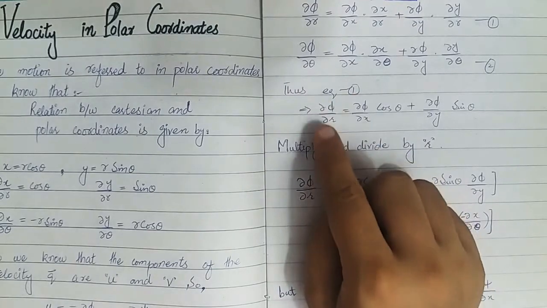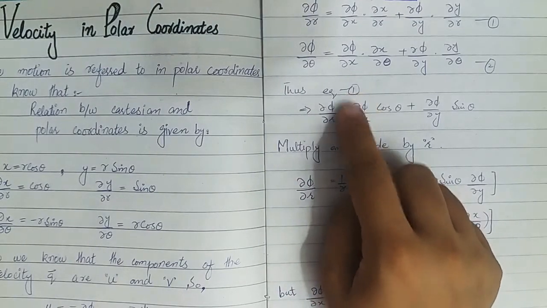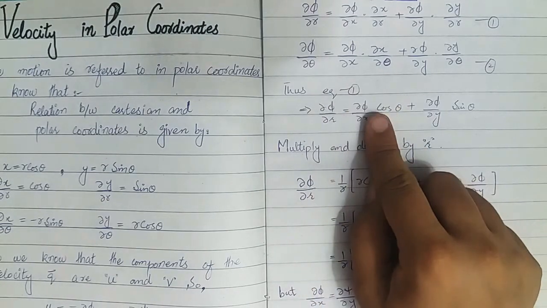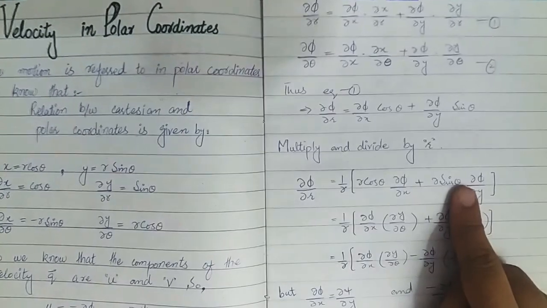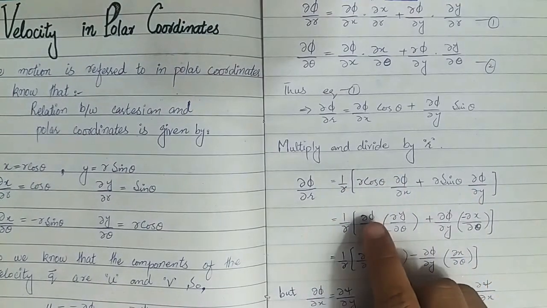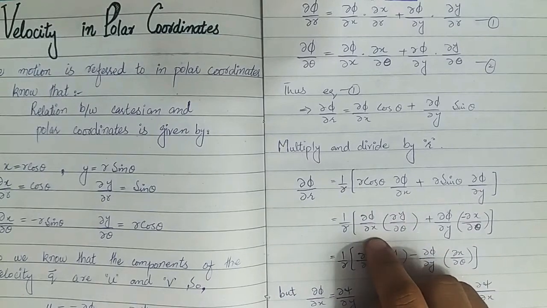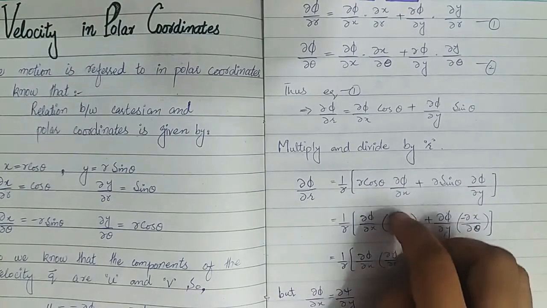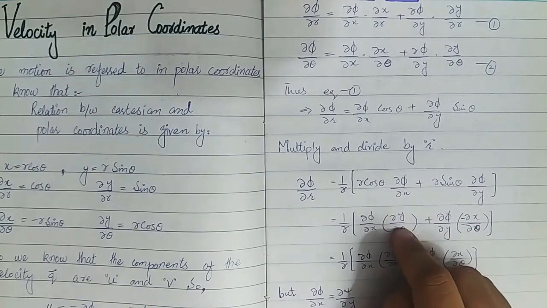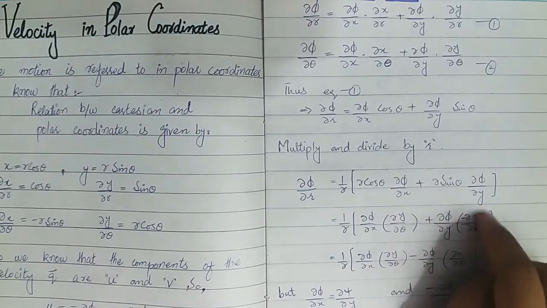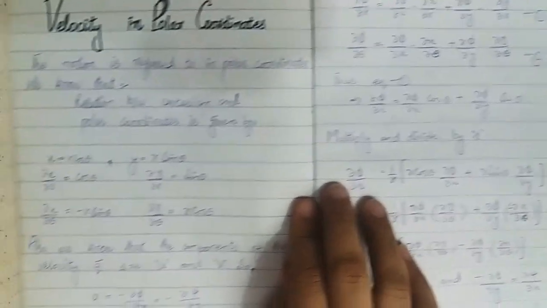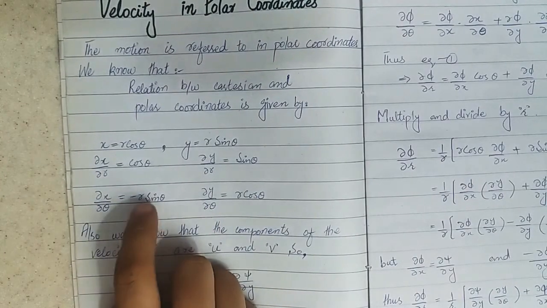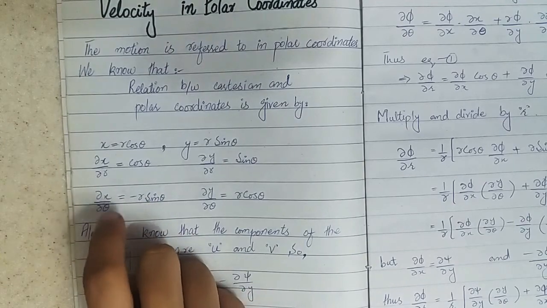We will get partial phi by partial r into 1 over r; the division by r is outside, but multiplying r with both terms gives us r cos theta and r sin theta. r cos theta is partial y by partial theta, and r sin theta is equal to minus partial x by partial theta.